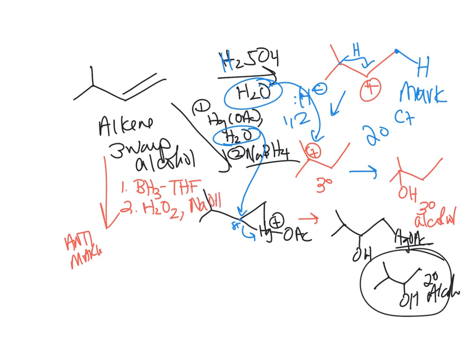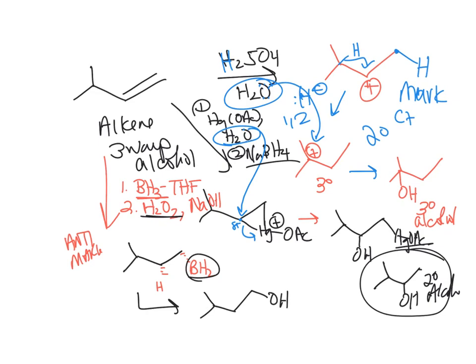This gives you the anti-Markovnikov with this H, and the BH2 adds to the least substituted carbon, and then when you add the hydrogen peroxide, the BH2 is replaced with the OH, and that gives you the anti-Markovnikov alcohol. So those are three ways from Organic 1 to make alcohols.